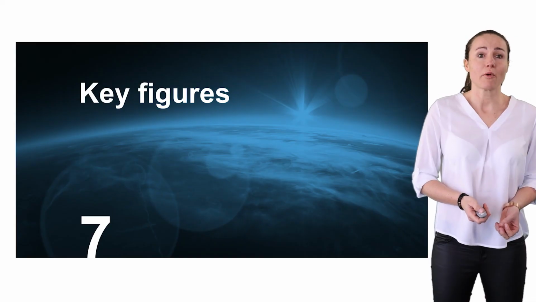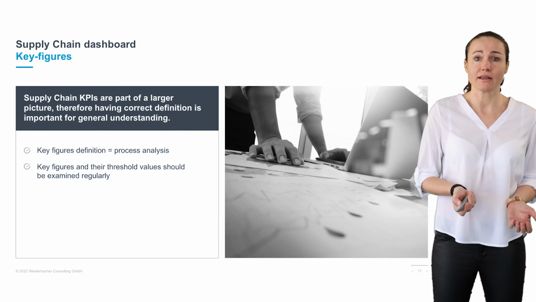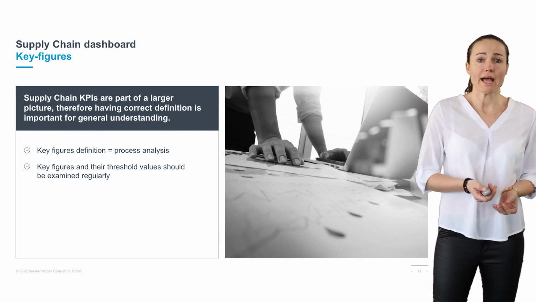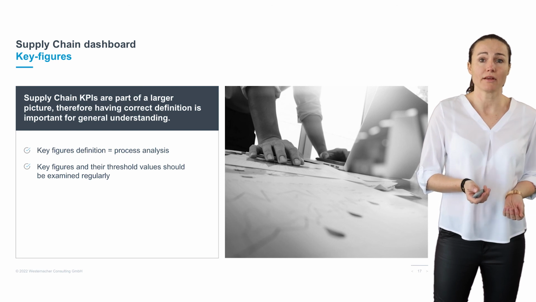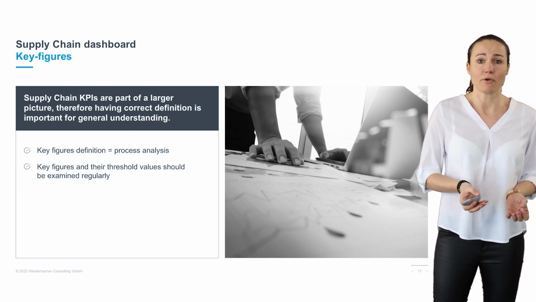As a short summary, let's have a closer look at the different steps when building up such a supply chain dashboard. The most important part is defining the key figures and setting up the process around them. So I highly recommend documenting this process together with your KPIs before you start with dashboarding, so everyone knows directly what to see in a dashboard.